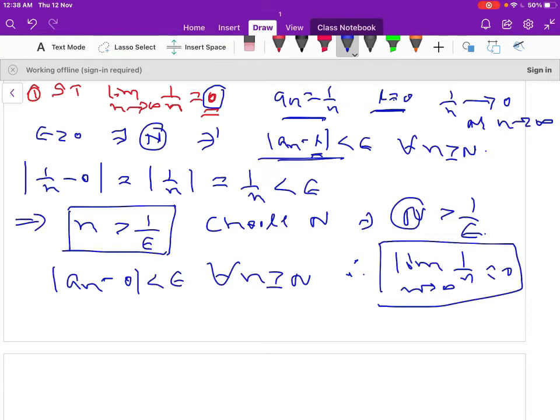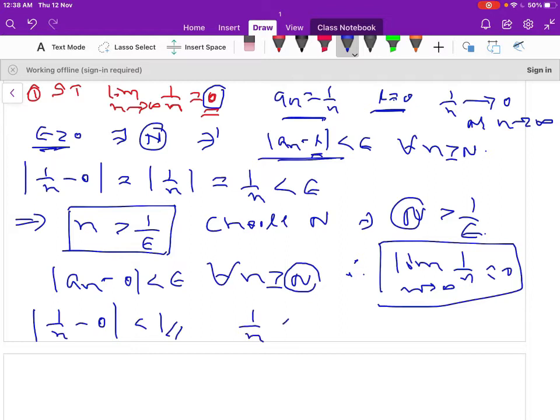Let us take a particular value of epsilon. When epsilon is 1, if I take a_n is 1 by n, 1 by n minus 0 less than 1. So let us see what is the capital N value here. N depends on this epsilon value.